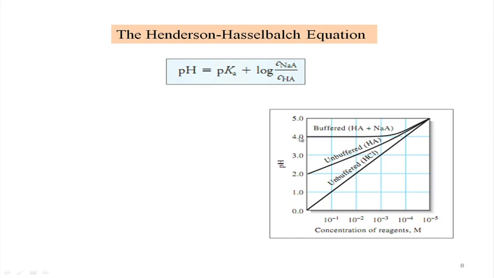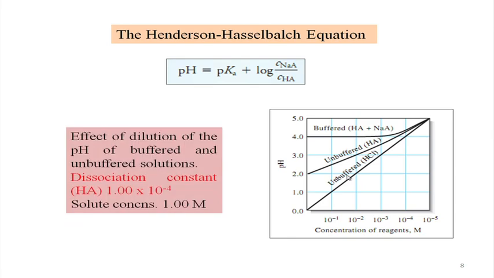But for a typical buffered medium, the curve is almost horizontal up to 10 to the power minus 3 molar concentration of that mixture of acid and salt. So, if it is an acetic acid and sodium acetate mixture and it is buffered, we do not see a very fast change in pH value with the change in concentration. That is why it is a very good advantage to handle a buffered solution for this particular reaction, or in some other cases the corresponding titrations.